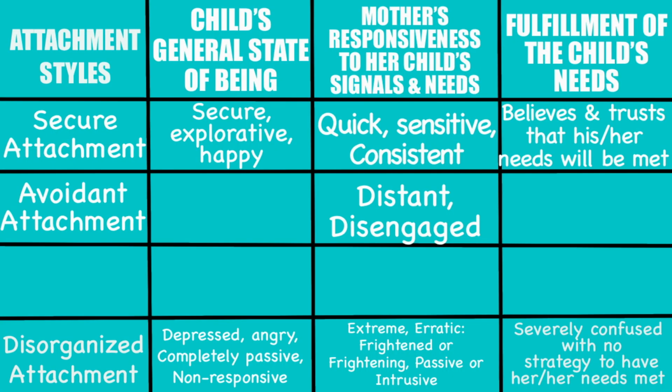Now in avoidant attachment children, as I've already mentioned, there is this coldness or cold relationship going on between the parent and the child, and this is because the parent is distracted, disengaged, kind of busy, because it may be that the parent is in their prime time in their life, like their life is still going on.